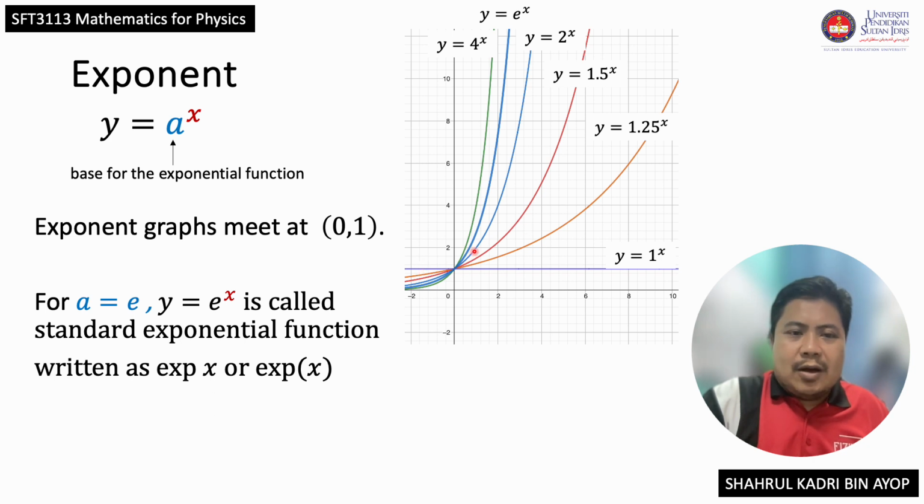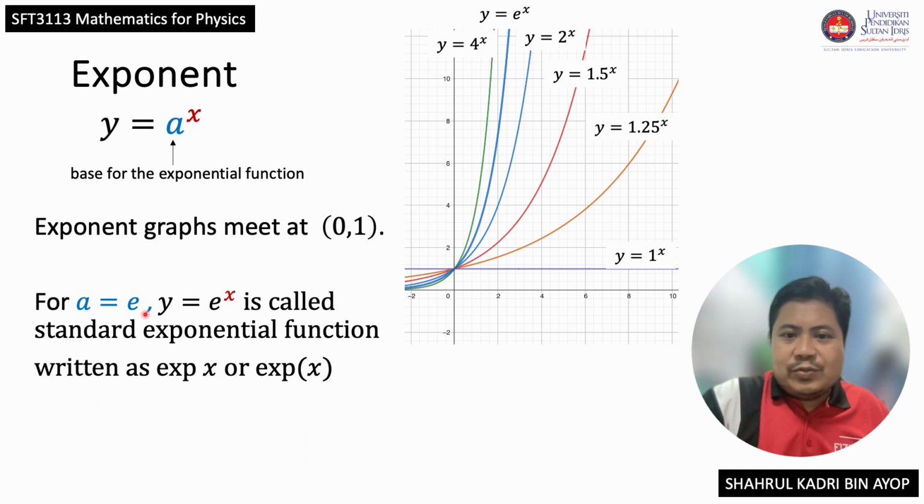All of these graphs meet at this point, the point (0, 1). That means all of these curves meet at this point.